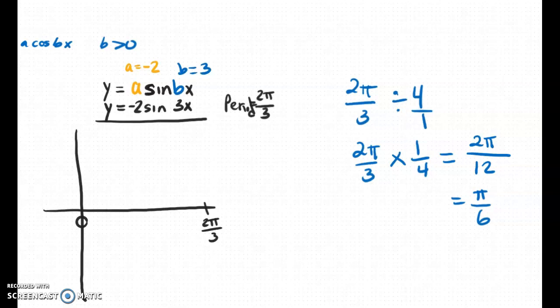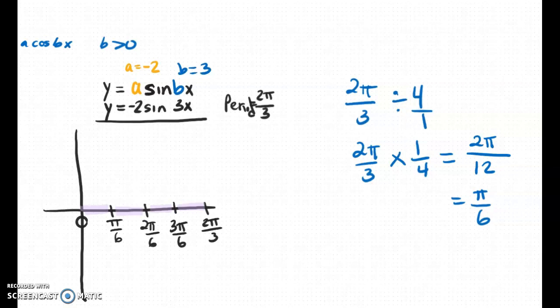So that means that I'm going to split this into 4 equal intervals. So I've got 1, 2, 3, 4 equal intervals, and they are pi over 6 apart. So this would be pi over 6. This would be 2 times pi over 6, and this would be 3 times pi over 6.